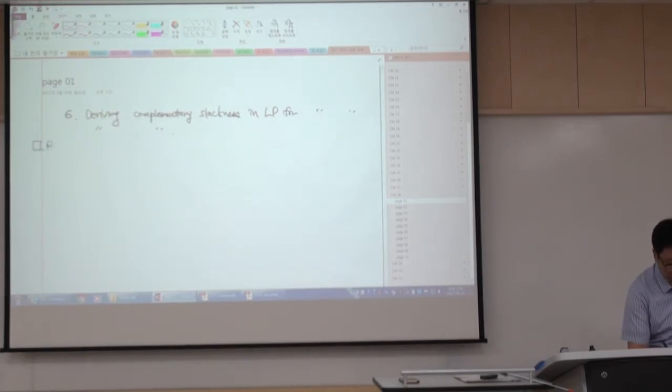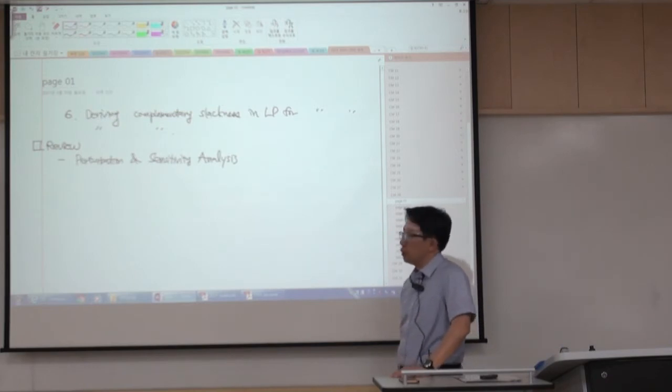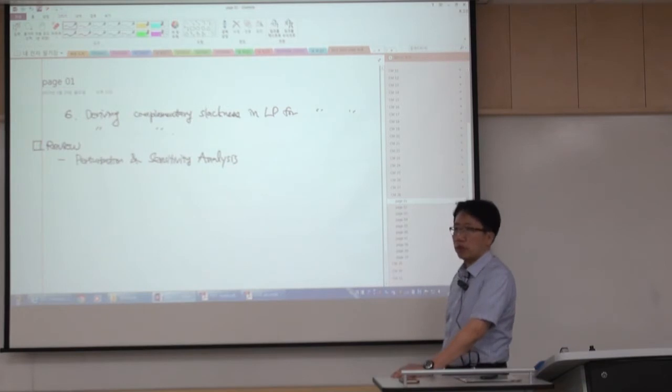So let's quickly review where we were last time. The topic of the last lecture was perturbation and sensitivity analysis for general constrained optimization problems with equality and inequality constraints.